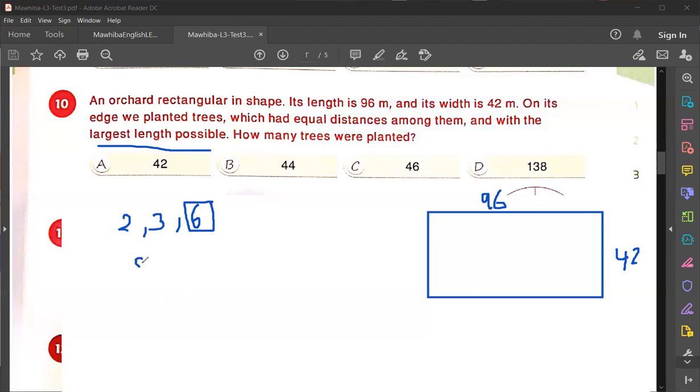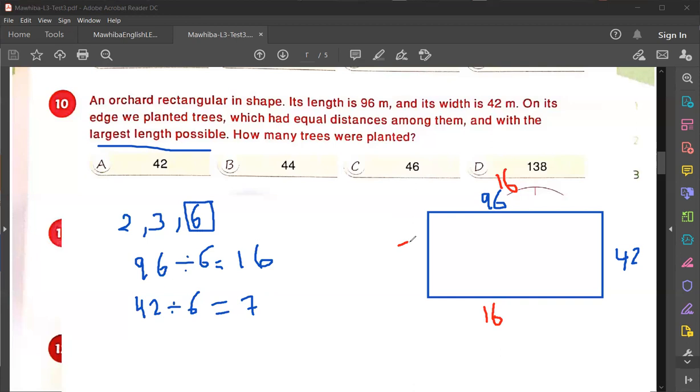Then you divide 96 by the common factor 6, and you find 16, right? And 42 divided by 6, then you can find 7, right? So we write here, we can plant 16 trees here and also 16 here.